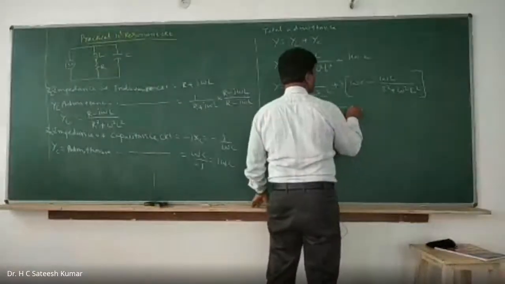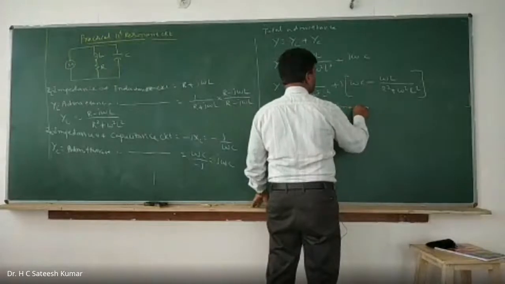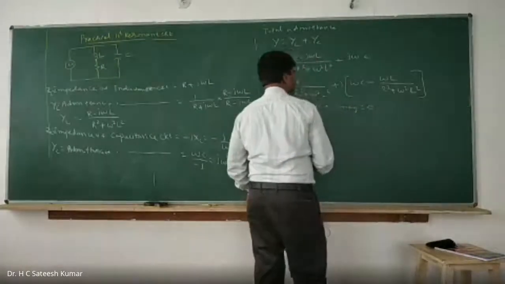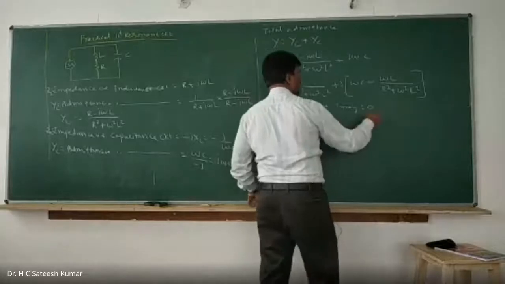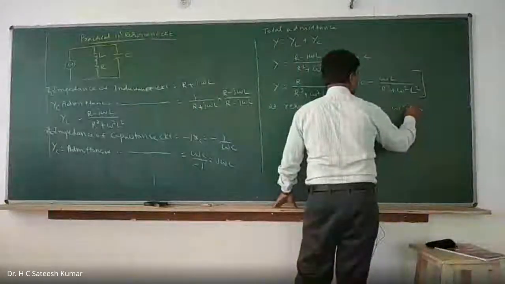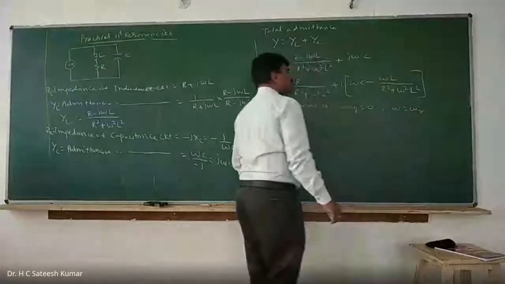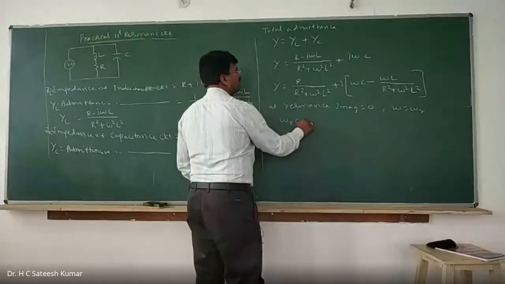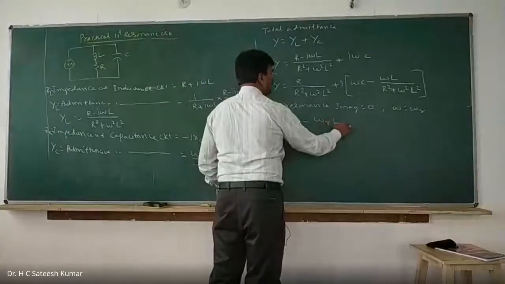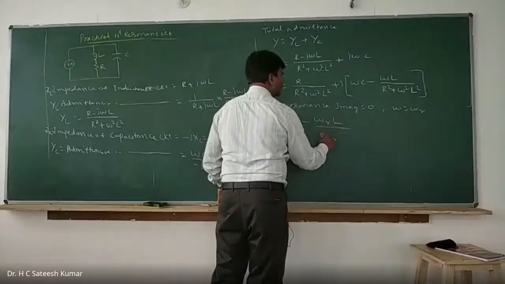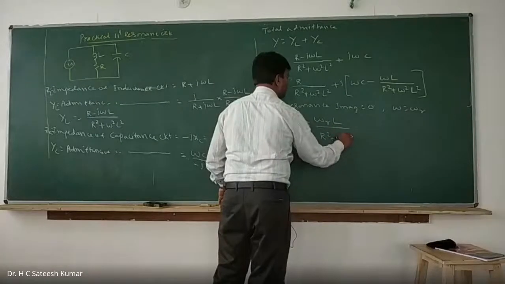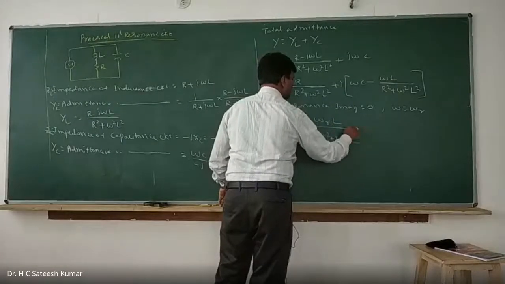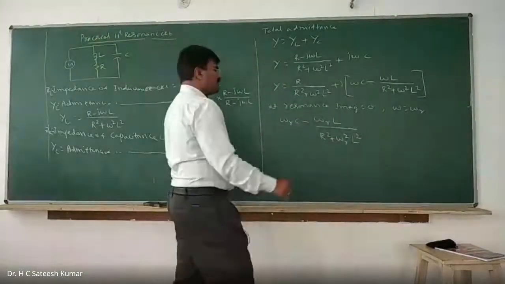Omega becomes equal to omega r. Therefore, omega r into C minus omega r into L divided by R squared plus omega r squared L squared is equal to 0.